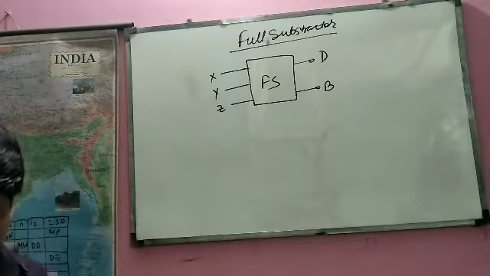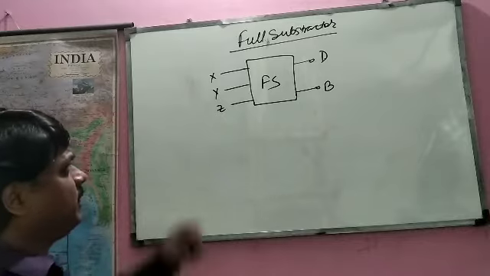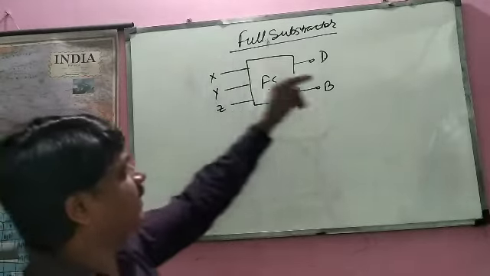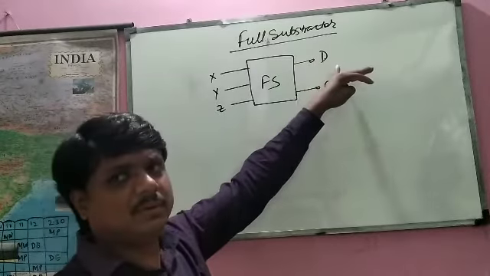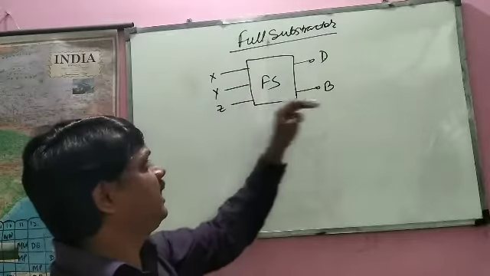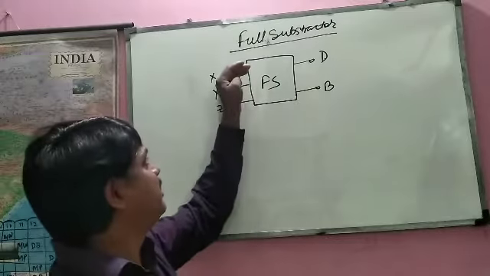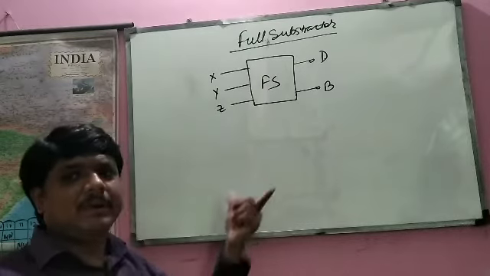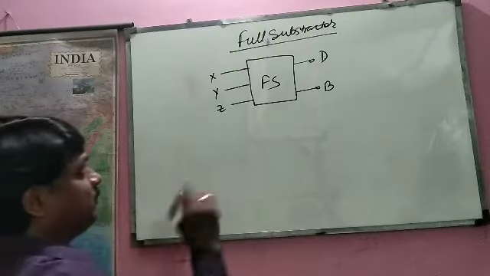Now we will make a truth table for the full subtractor so that we can get the value of D and B in terms of x, y, z, so that we can implement the circuit for this full subtractor.